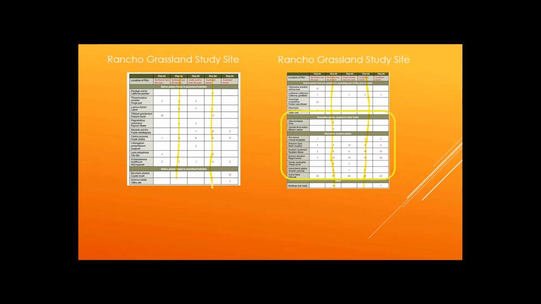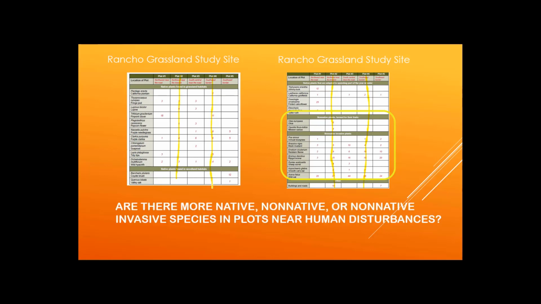From this data, we're looking to see if there are more native, non-native, or non-native invasive species in plots near human disturbances. Plot 2 is near human disturbances, and you can tell from this data, just looking at native species, it seems like there are more native species near plot 4 and fewer native species near plot 2, which is what you might remember, and that there are more non-native or non-native invasive species near plot 2 than plot 4.